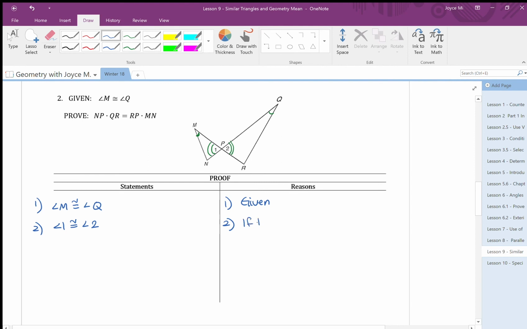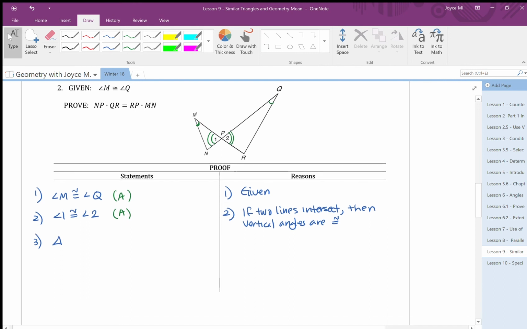So if two lines intersect, then vertical angles are congruent. Okay, so now notice that this is the angle that I wanted. So now I could say number 3, the two triangles will be similar by AA. So let's write it in corresponding order.